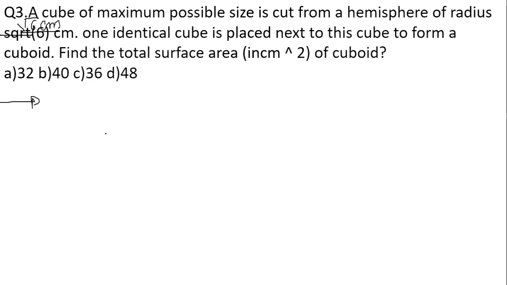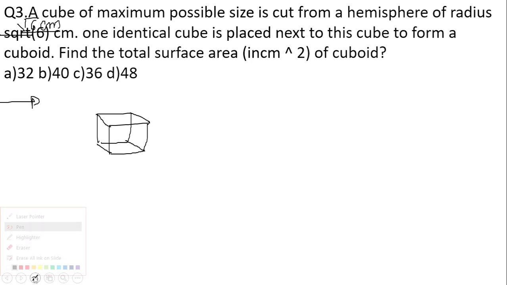For example, we have a cube, and this particular cube we have actually enclosed in a hemisphere, exact size. This is the maximum possible size of a cube which has been enclosed in a hemisphere.